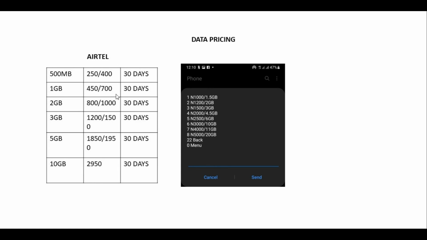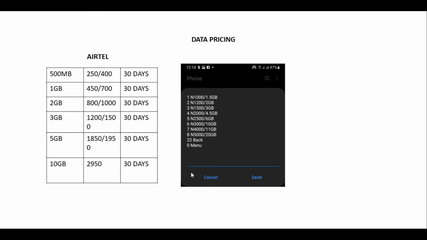So imagine this 2 gig. If your marketing is very strong, you should at least sell the data to at least 10 people in a day.